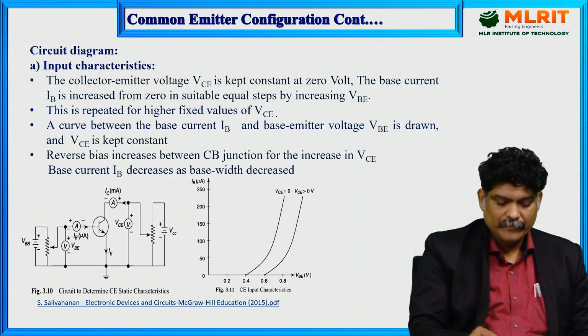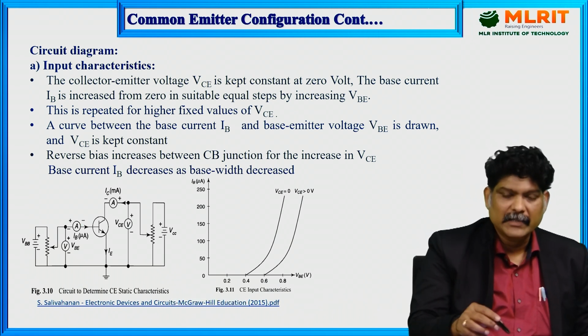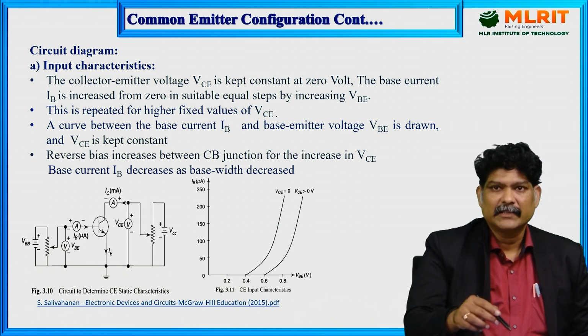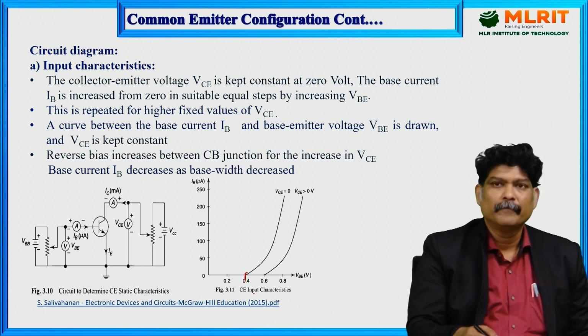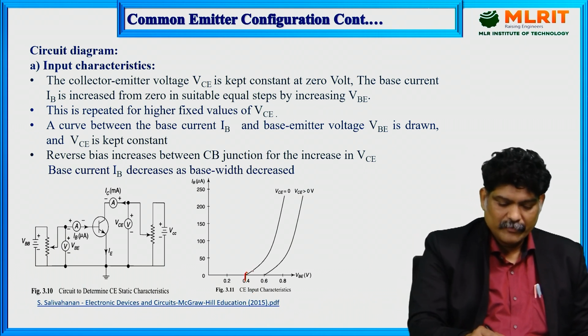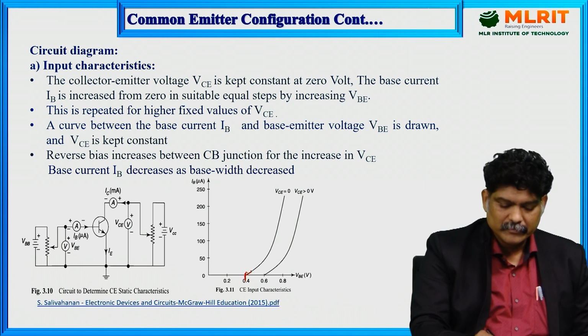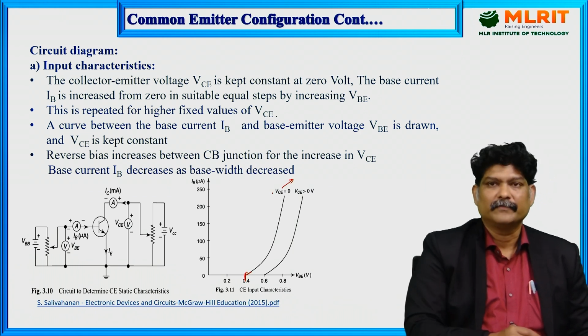As we know, the current starts rising from the cut-in voltage. Let us say germanium is the material used to manufacture this transistor, so from 0.4 your current rises abruptly when VCE is equal to 0.